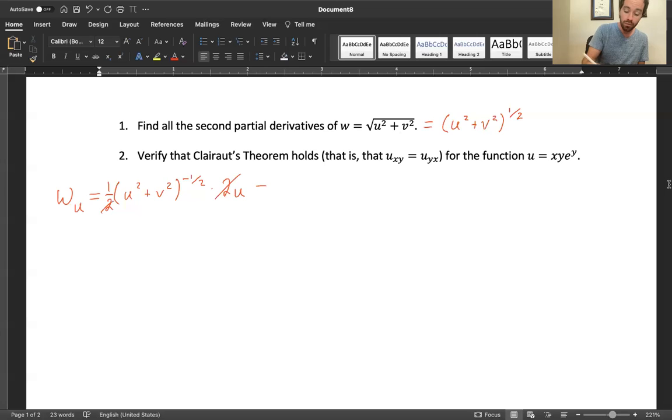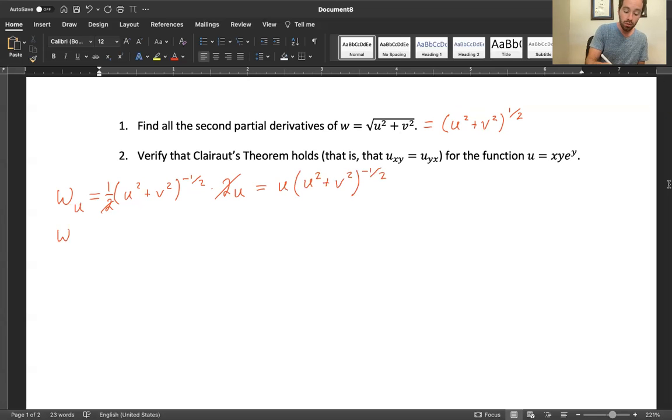These go away, and you end up getting u over the square root of u squared plus v squared. But really, it's going to be more convenient to write it as a product because we're going to eventually be taking another derivative, and I'd rather do product rule than quotient rule. So this is going to be u times u squared plus v squared to the negative 1/2.